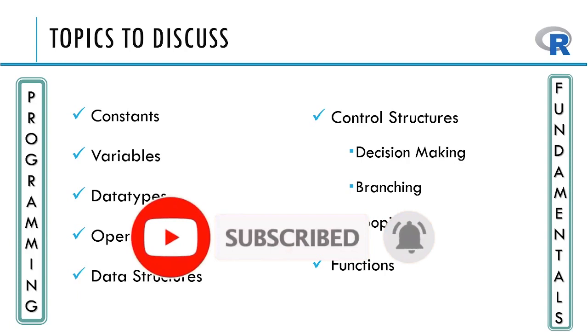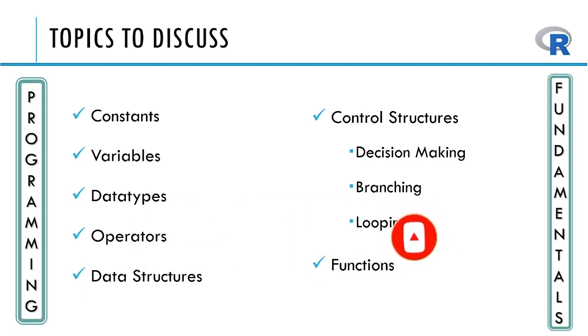Today we will discuss the programming fundamentals of R. Any programming language apart from R, if you know, like C, C++, Java, VB, .NET programming and any other programming, they have these common programming language techniques. What are they?